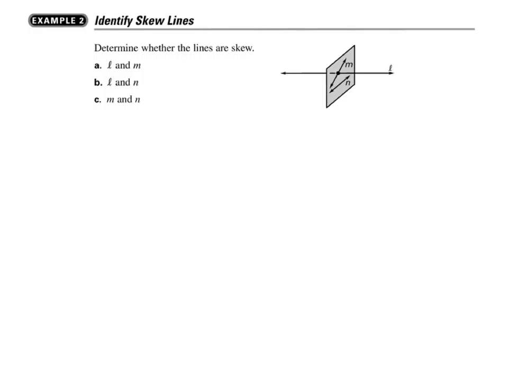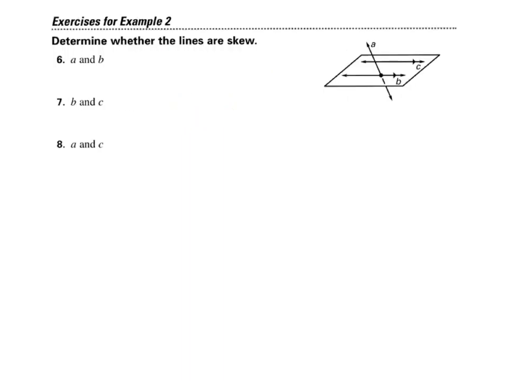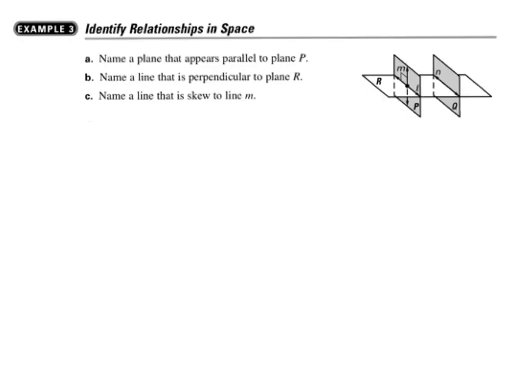So yes, L and N are skew lines. Okay, M and N, they're coplanar, they're on the same plane, therefore they're not skew. The first one is also not skew lines. So skew lines is about whether the lines are on the same plane. And here's an exercise. I'm going to leave this one to you as well.